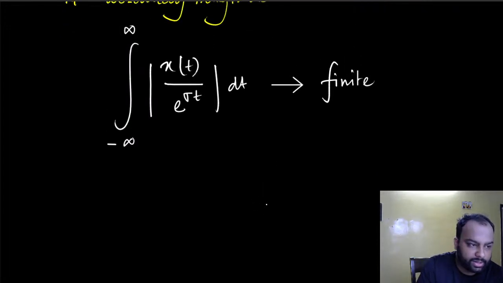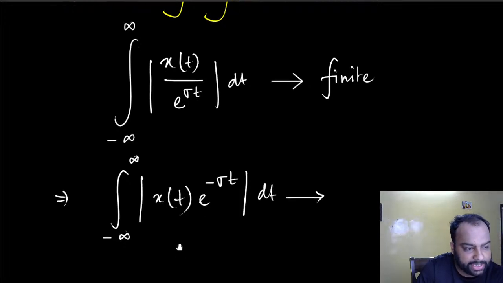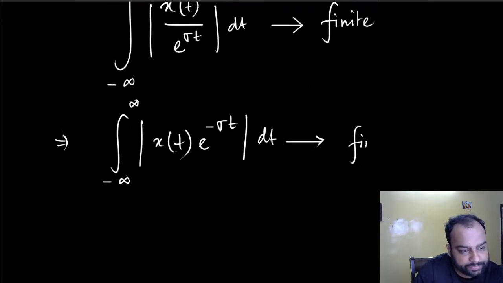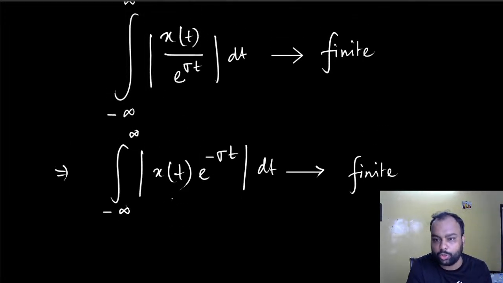All right. Now, for the foreseeable part, let's forget about this, and we can now of course say that this is x(t) e to the power minus sigma t dt. So that also is finite. We have just brought the denominator's term into the numerator, right?